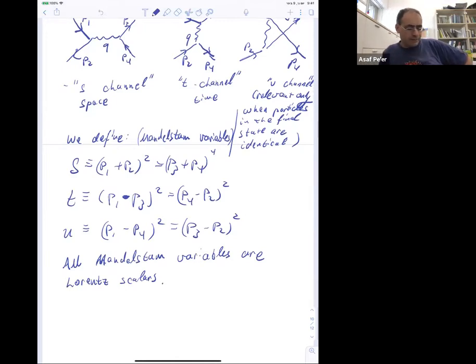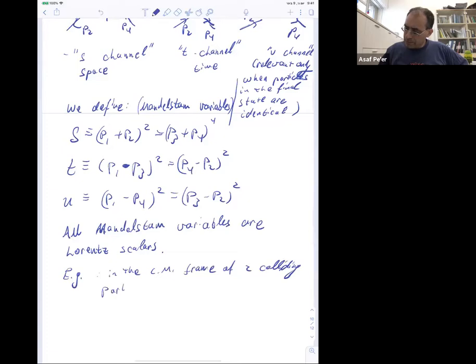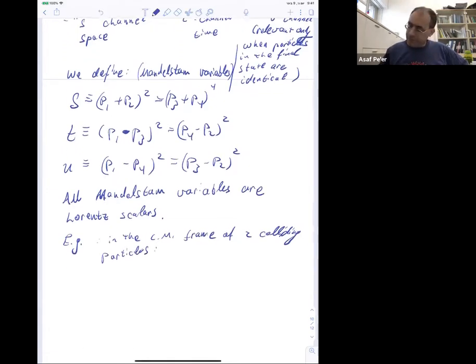So of course, when we have two colliding particles, the best is to work in the center of mass frame. So for example, in the center of mass frame of two colliding particles, we have the four-momentum of the first particle, which is just E1, the energy in the center of mass frame, and then let's say it has some momentum P_cm.